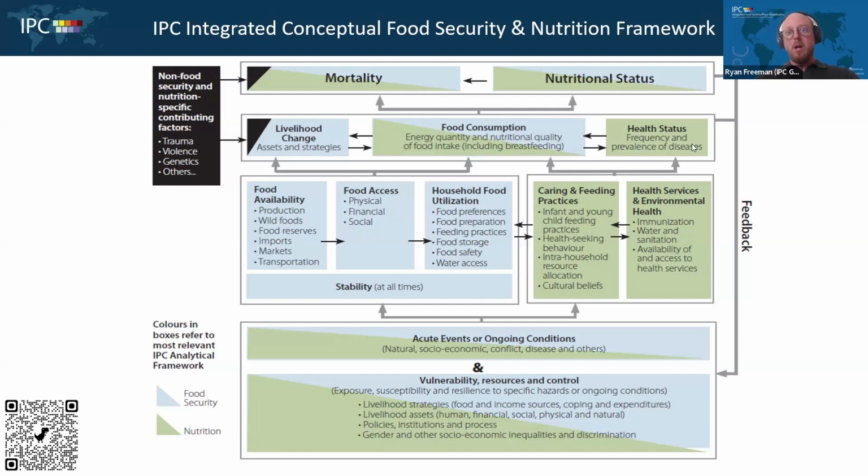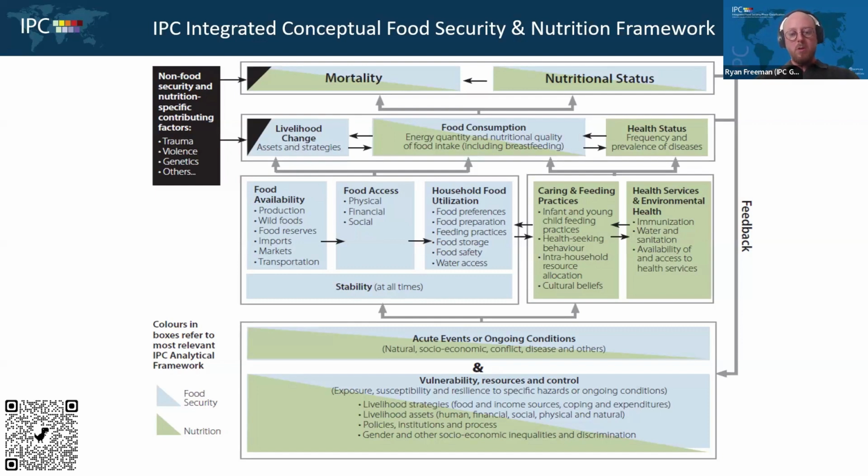Whereas if we move to the acute malnutrition framework and some of these specific elements in green, you start looking at caring and feeding practices, health services and environmental health, health status. But when we look at an IPC analysis, whether it's acute food insecurity or acute malnutrition, we are interested in this relationship between acute food insecurity and acute malnutrition. This is why when we see this integrated conceptual framework, you can see how food security and nutrition are at the heart of these discussions.